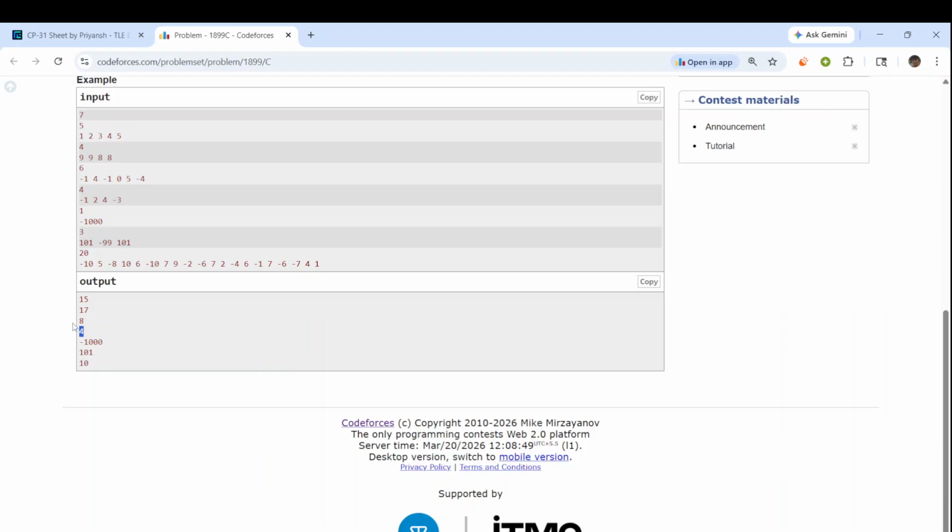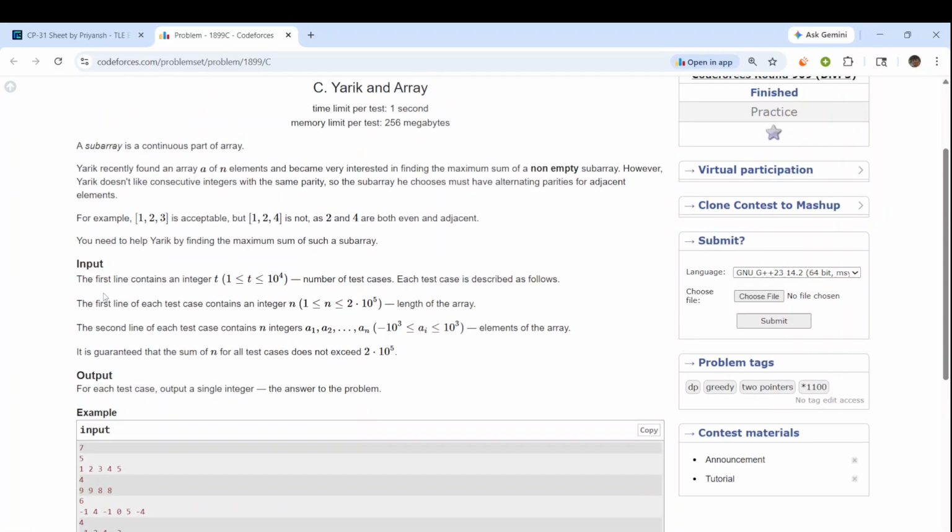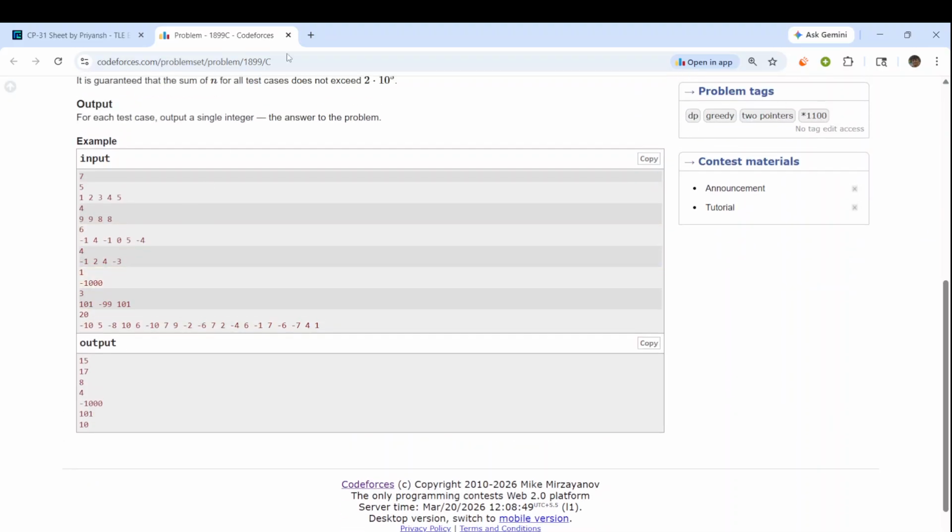Why 4? How 4? What if I just choose this integer? This is also 7. For 101, 99, the 101 minus 99 will always give me some smaller value than 101. So 101. Yes. I think I do understand.